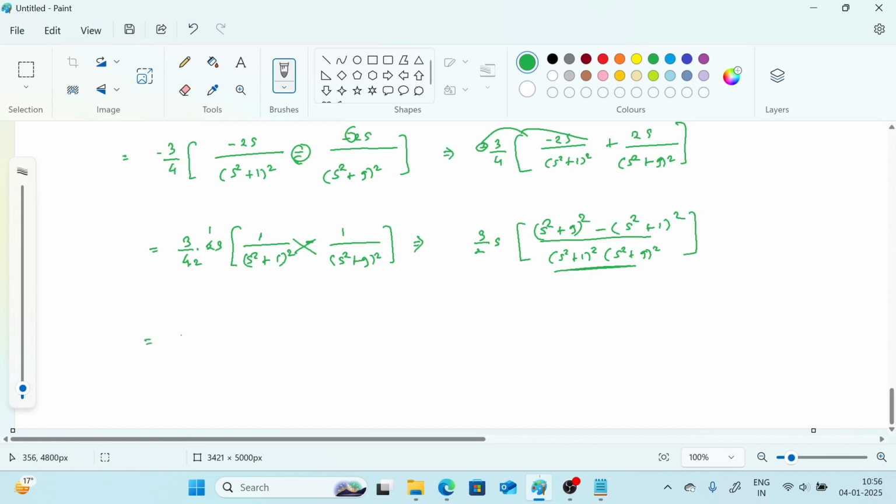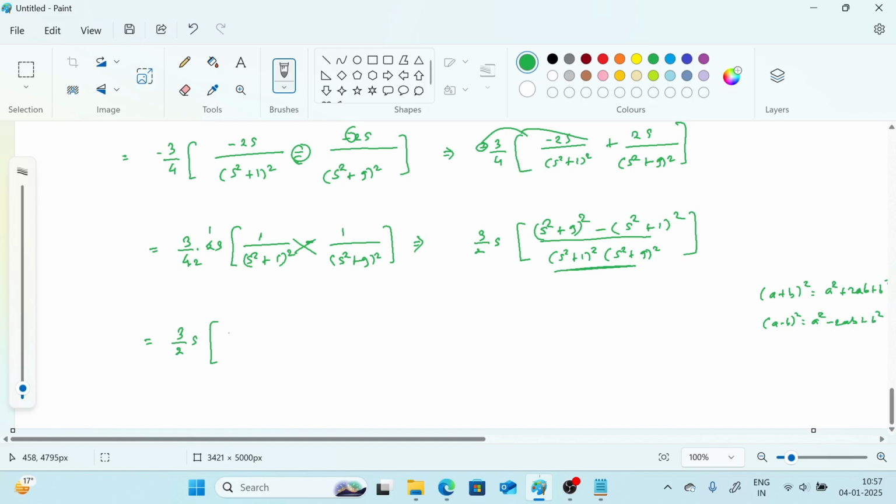So what can I get? 3 by 2s into... I am going to apply the formula here. What is the formula? (a plus b) bracket square will be a square plus 2ab plus b square. If it is (a minus b) bracket square, it will be a square minus 2ab plus b square. I am going to apply this logic here, right?